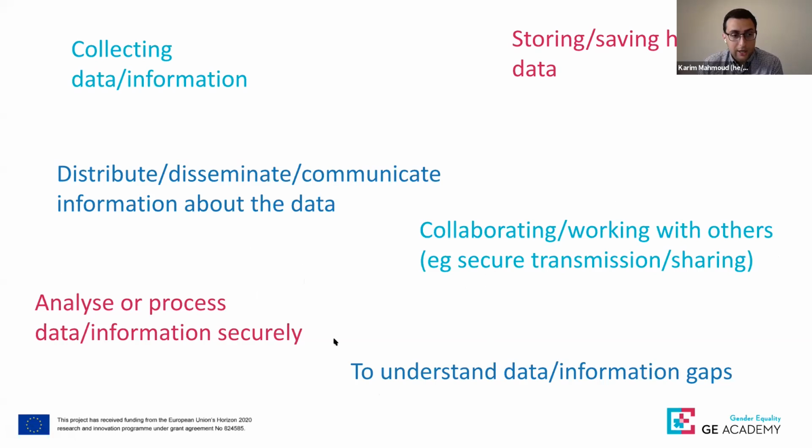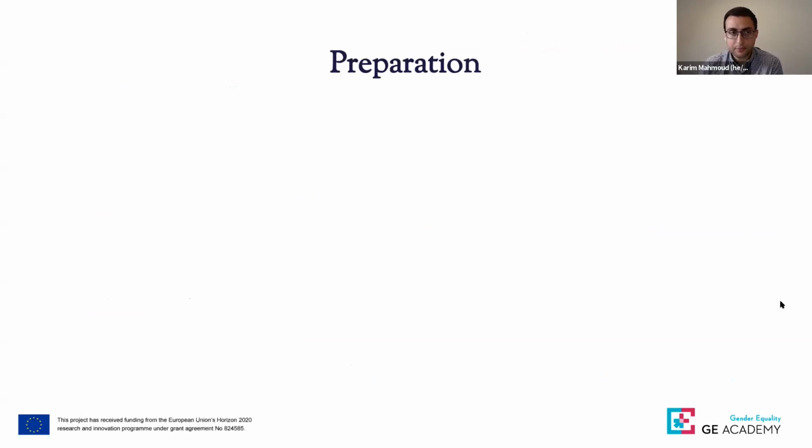I mentioned this earlier, analyzing or processing the data in a secure way. It's very, very important. And really for me, the key aspect of all of this is to understand where are our gaps so that we can do something about it.